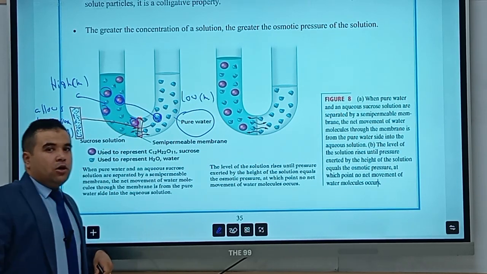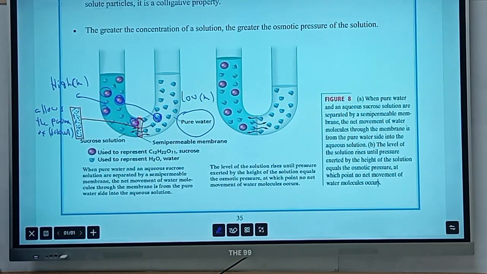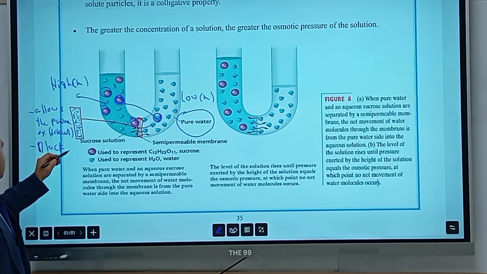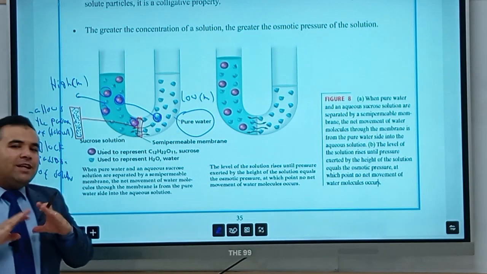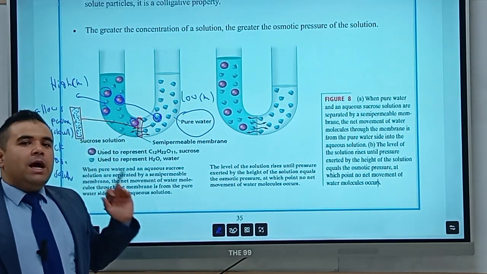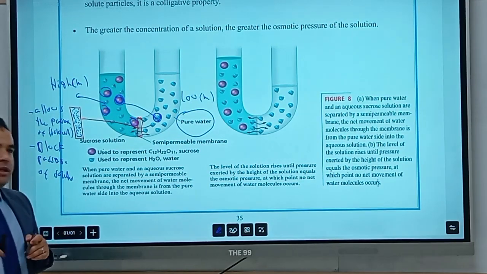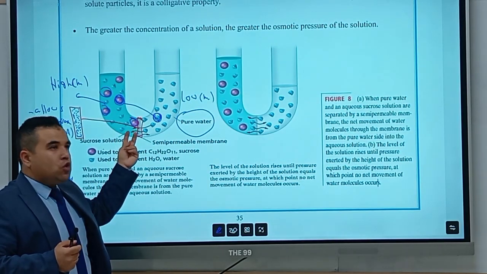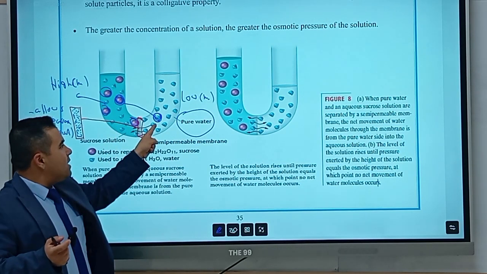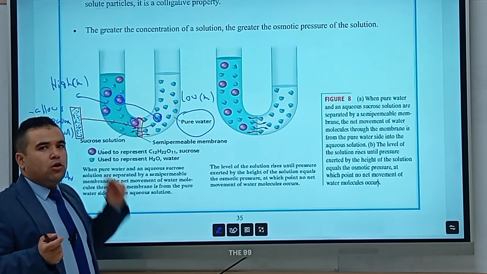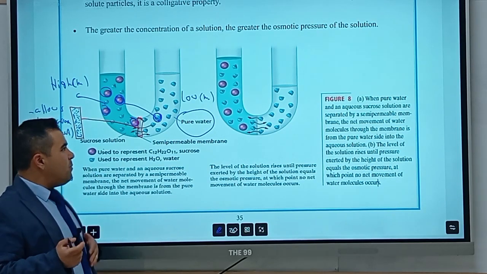Compare these two, you get the difference. But it blocks the passage of solutes. So the solute cannot pass through this membrane. A semi-permeable membrane is a membrane that separates two solutions, or the pure solvent from the other solution, first. Second, it allows the passage of the pure solvent but does not allow the passage of the solute. This is a semi-permeable membrane.